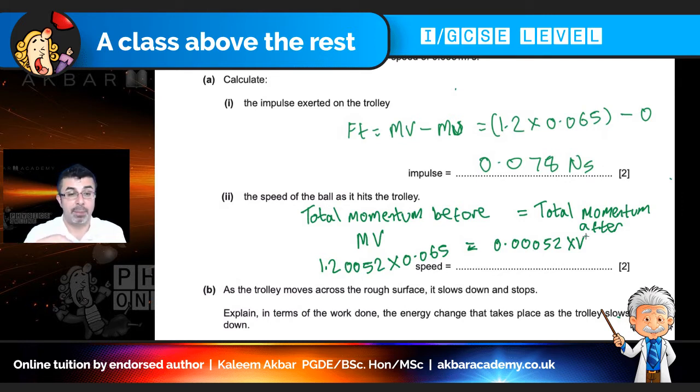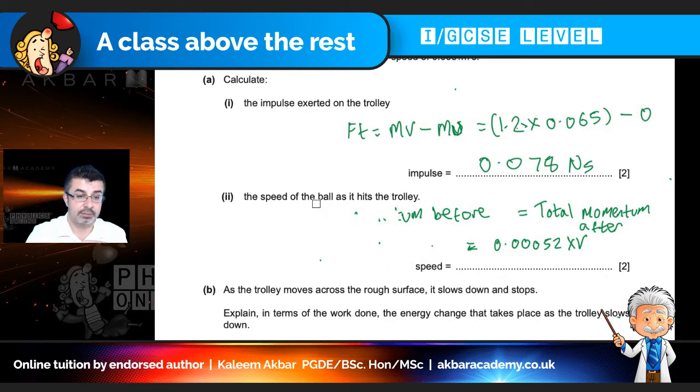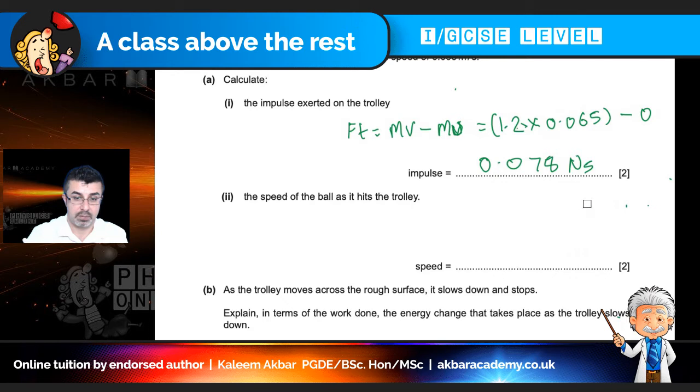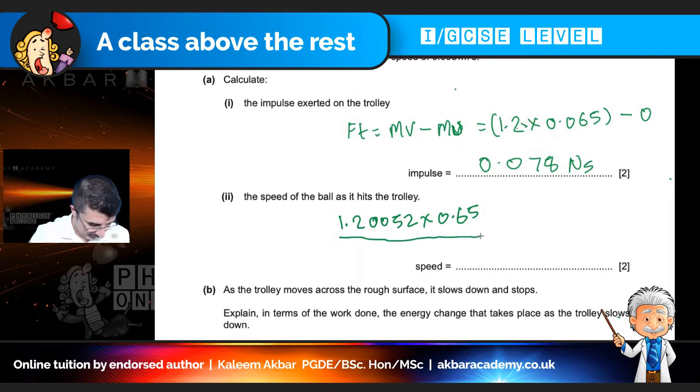If I rearrange, what I'm going to end up getting is 1.20052 times 0.065 divided by 0.00052.